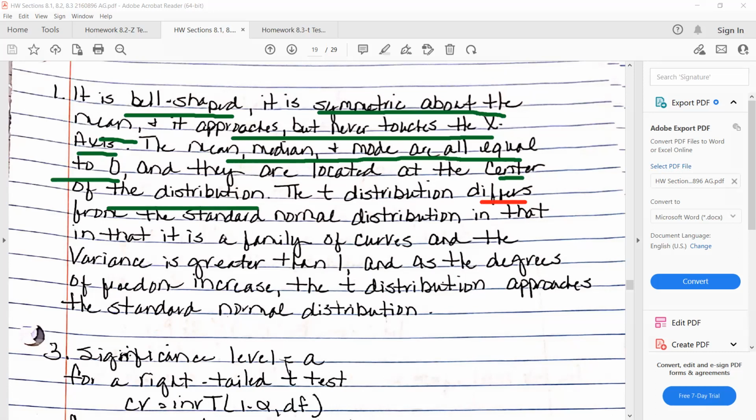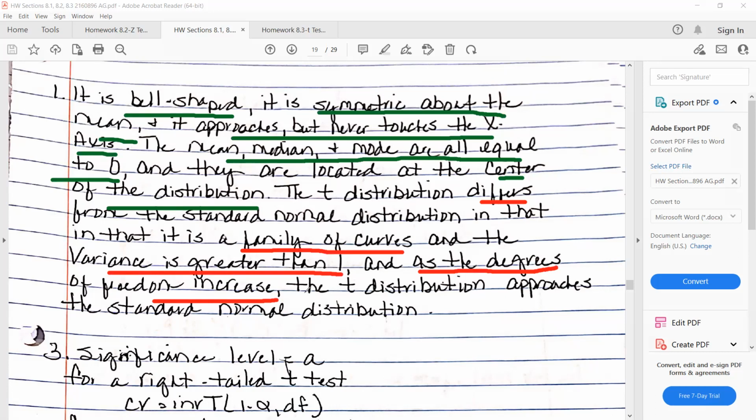Your differences are, here's my differs, in that the t distribution is a family of curves. We knew that before. We learned that last time. The variance is greater than 1. And as the degrees of freedom increase, the t distribution becomes approximately normal.